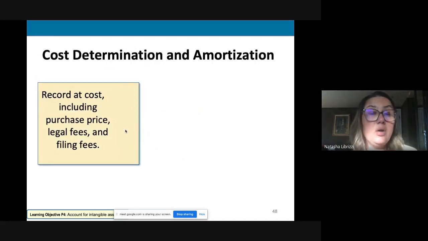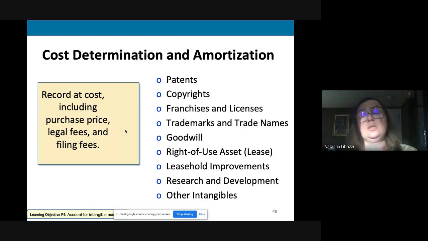We record costs, including purchase price and legal fees and filing fees when we apply for a patent, or you can be buying things from somebody else. These are just some examples of costs of intangible assets. One of the most familiar to you guys is probably franchising.